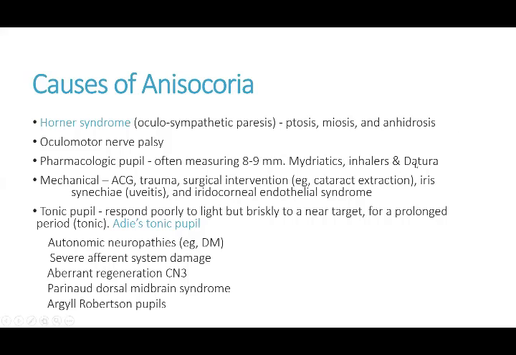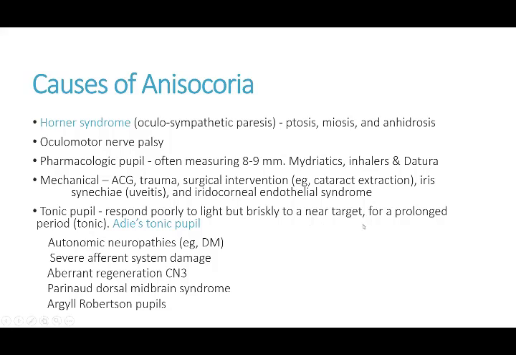And then the Datura poisoning. You have read this in pharmacology. The Datura poisoning also causes dilation of the pupils. Then mechanical. Mechanical anisocoria can be due to acute congestive glaucoma, trauma, surgical intervention like cataract, iris synechiae as in uveitis, iridocorneal endothelial syndrome. Now, tonic pupil. They respond poorly to light, but briskly to a near target.